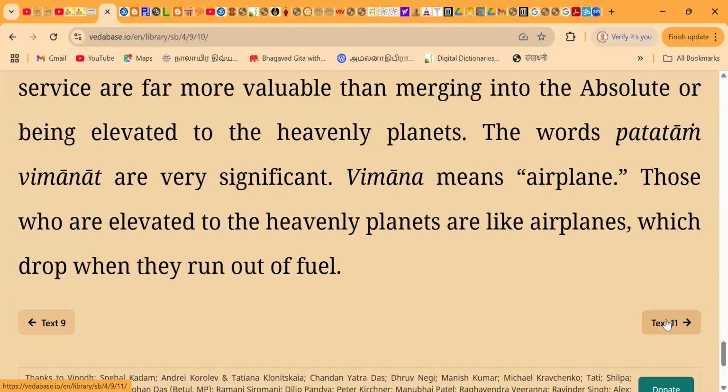Another example, suppose there is a kastur. From the kasturi deer, the back portion of the kasturi deer, there is a musk. And that musk is utilized in the deity worship, the Shaligram worship.